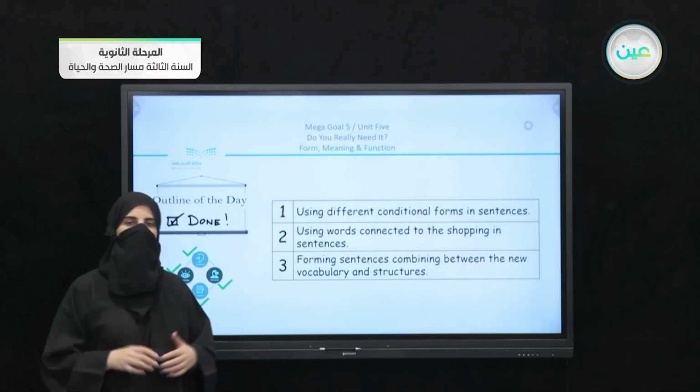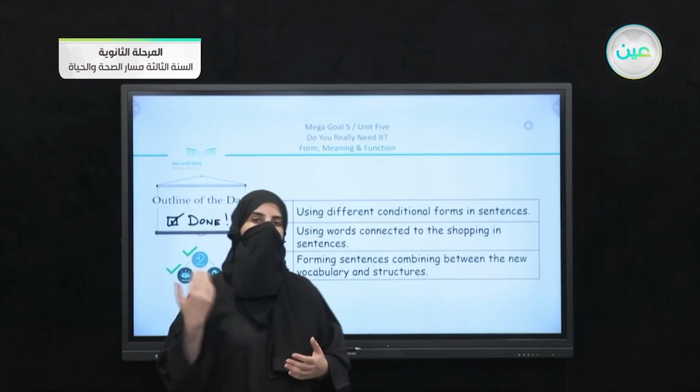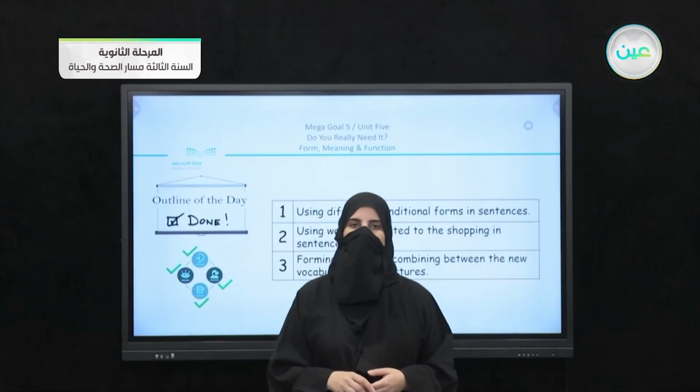So as an outline for our lesson, we did learn to use different conditional forms in sentences. We also connected words to shopping in general in sentences. And we formed sentences combining the new vocabulary and structures, which you are going to do and we are going to apply together in our project in the next lesson, inshallah. So be ready.